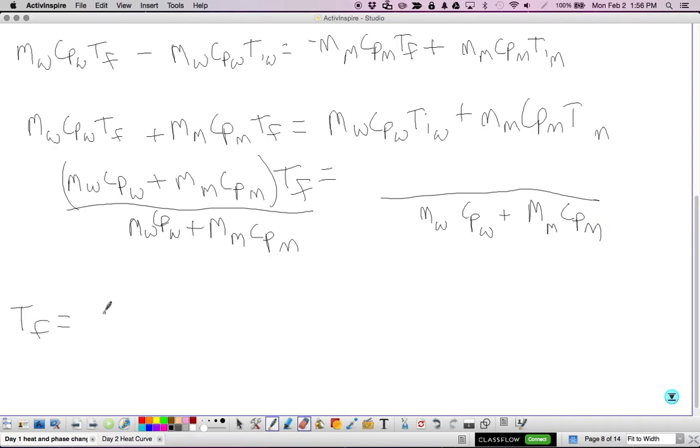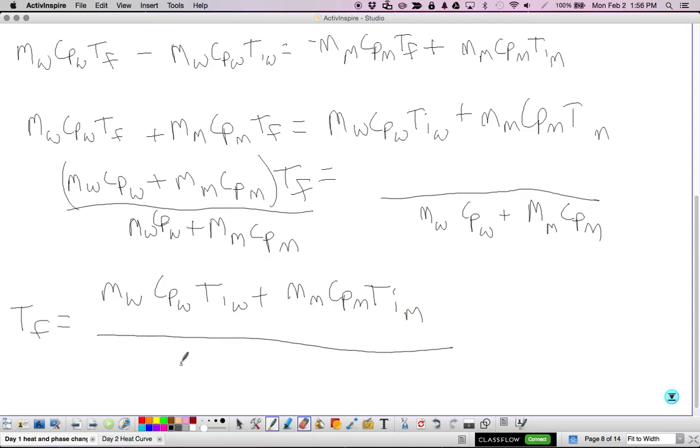T final would thus equal mass of water, C_P water, T initial water, plus mass of metal, C_P metal, T initial metal, over mass of water, C_P water, plus mass of metal, C_P metal.